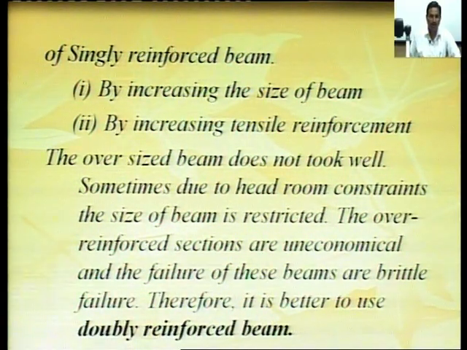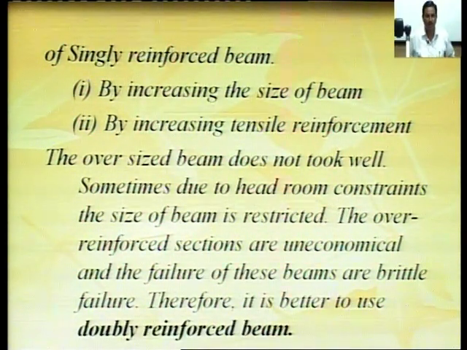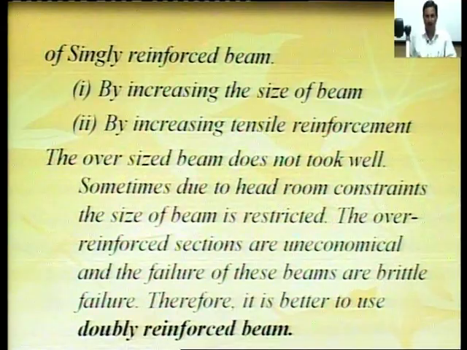So, if we use the first method, that is increasing the size of beam, then the oversized beam does not look well. Sometimes due to headroom constraint, the size of beam is restricted. So the drawback of the first method is that the oversized beam does not look well, and sometimes there are problems of headroom and space or appearance.